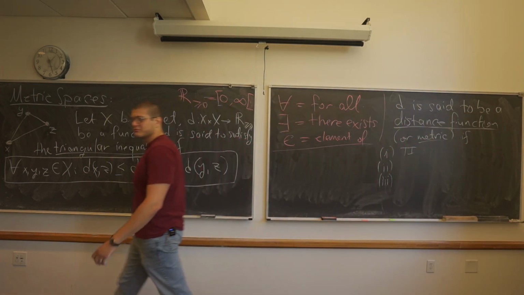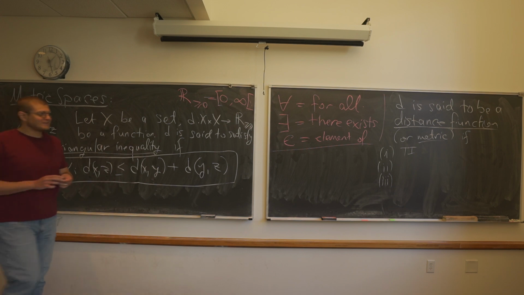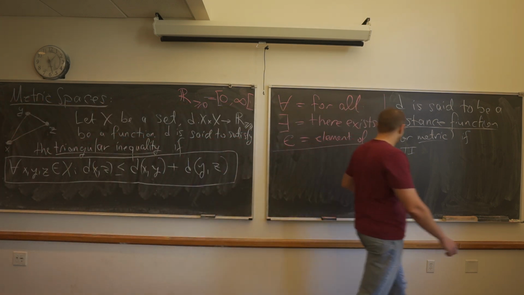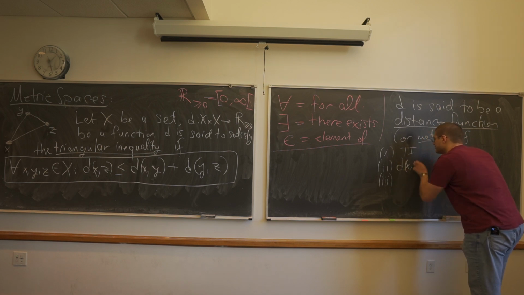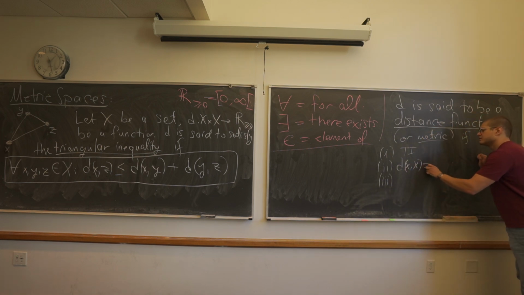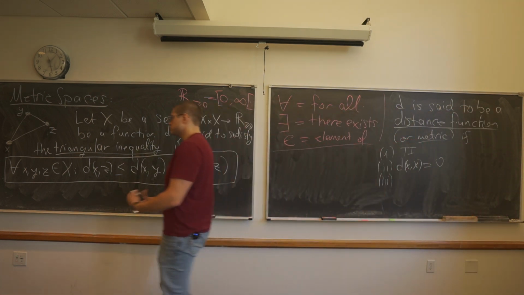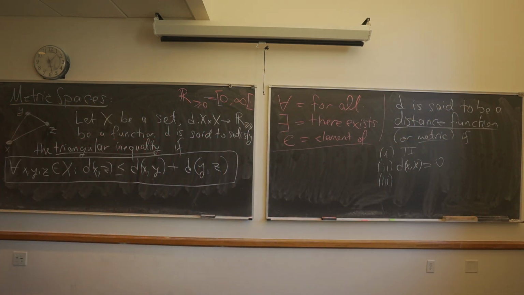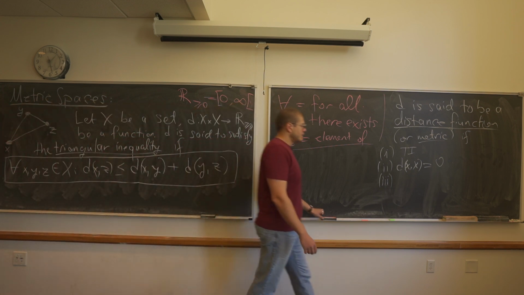or maybe I should ask you, what should be a second property? Yes? If two things are the same thing, there's no difference between them. Exactly, right? Obviously, the distance of a point to itself should be 0. But really, I want something slightly more. So let me write it like this.